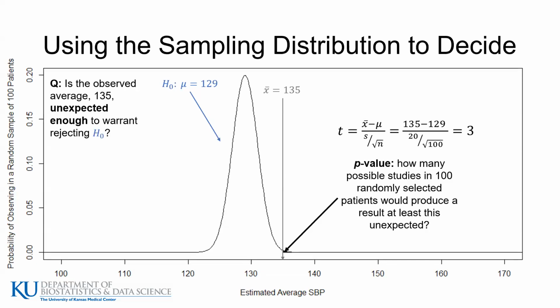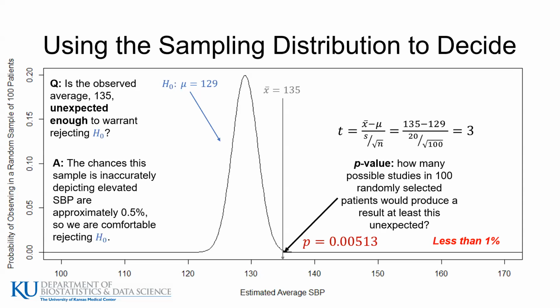So this value can also be expressed in terms of the p-value. The p-value is how many possible studies that we can conduct in 100 randomly selected patients would produce a result at least this unexpected. So here the p-value is 0.00513. So this means that there's a less than 1% chance that we would observe this average systolic blood pressure if the null hypothesis was true.